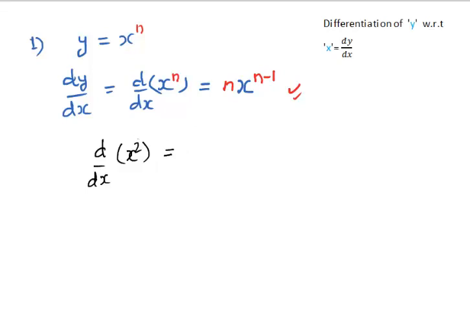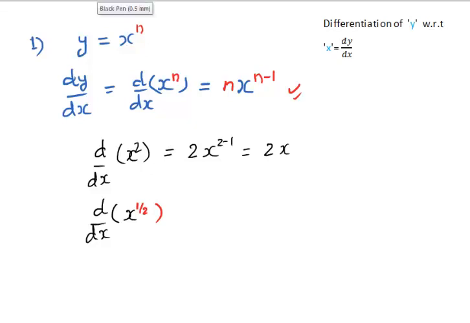Here you can identify n equal to 2 and you will have 2x to the power 2 minus 1, which will come out to be 2x to the power of 1, or 2x. Another example will be d by dx of, let's say, x to the power half. You can always identify your n to be half, and the result would be given by nx to the power n minus 1.